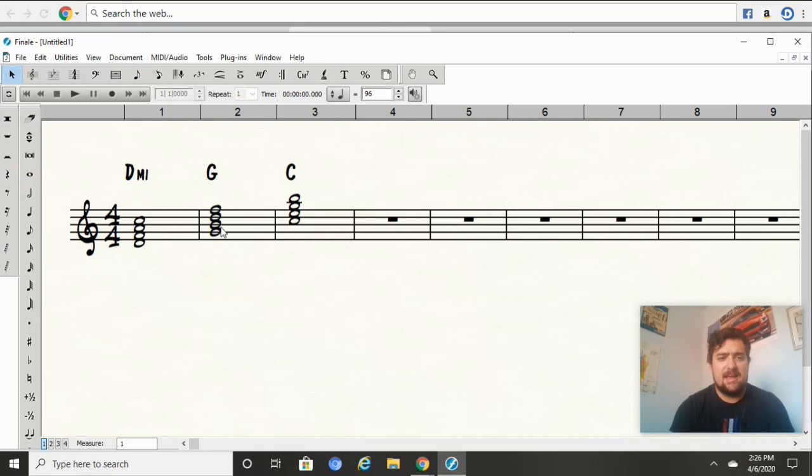You want to look at the third and the seventh of that chord. Remember, with my seventh chord lesson, how the third and the seventh are what determine the quality of the chord, and in this case, those do something very special. So let's write out the third and the seventh over here. We've got that, and we've got that.